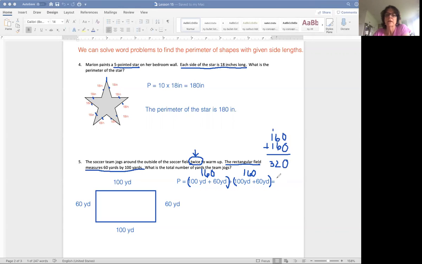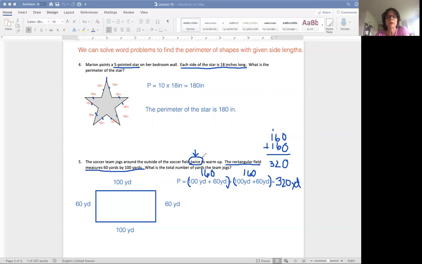So our answer here is 320 yards. Okay, now a lot of you say, oh, that's how far they ran. And remember, they make each problem a little bit more difficult, and they want you to think a little bit more, growth mindset. They want to really push your thought process and your problem solving skills.